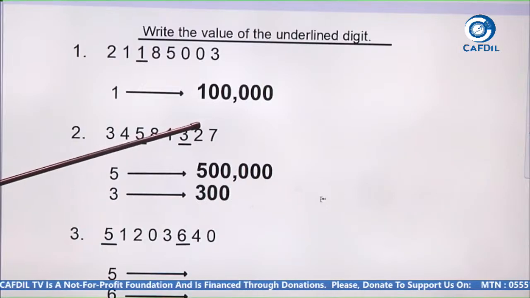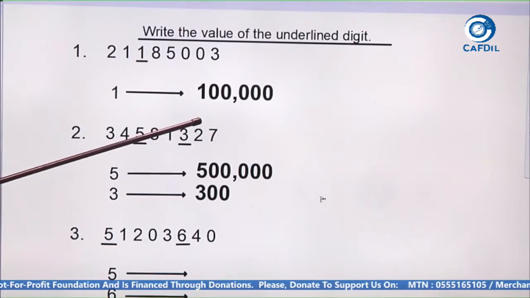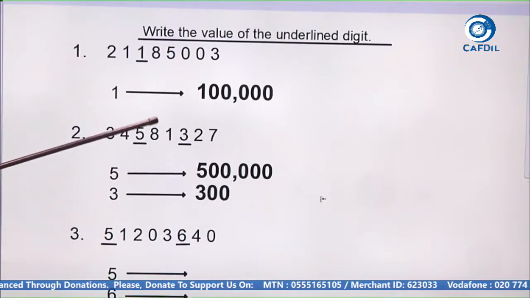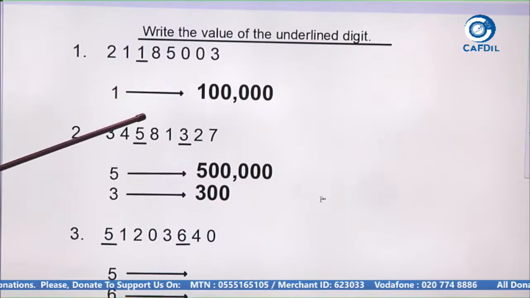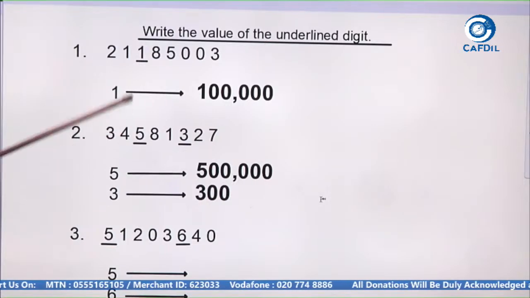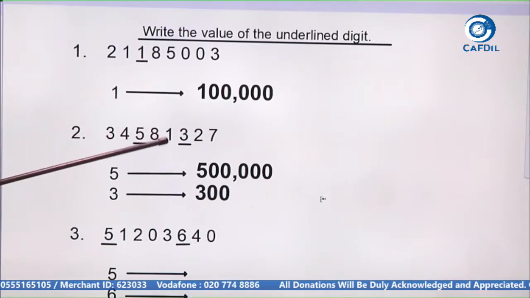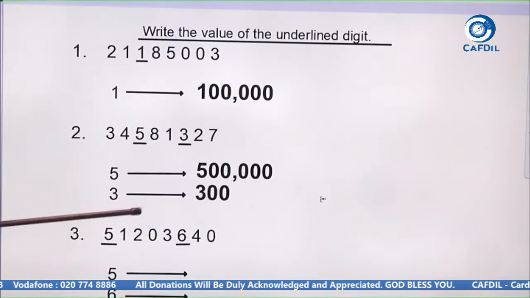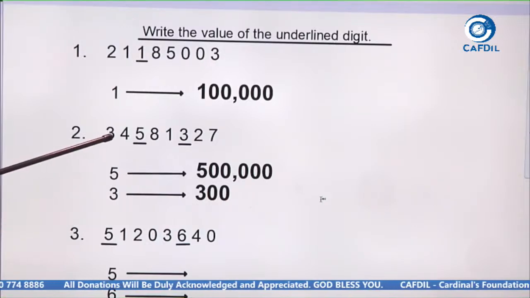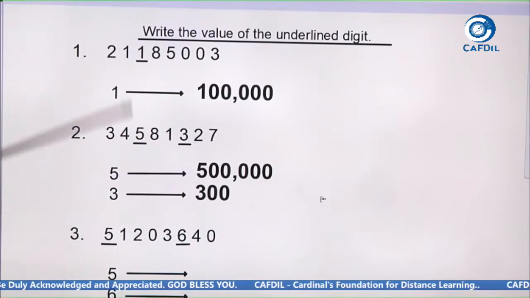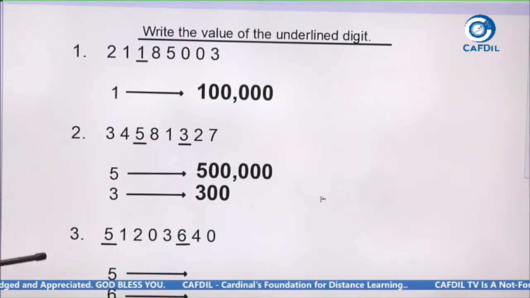So we have ones, tens, hundreds, thousands, 10,000, 100,000, and then the rest. Each digit here has its own place. So this 3 is not the same as this 3 over here. The values are not the same because they are at different places.